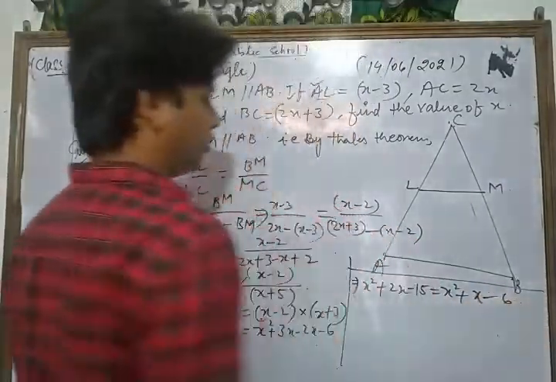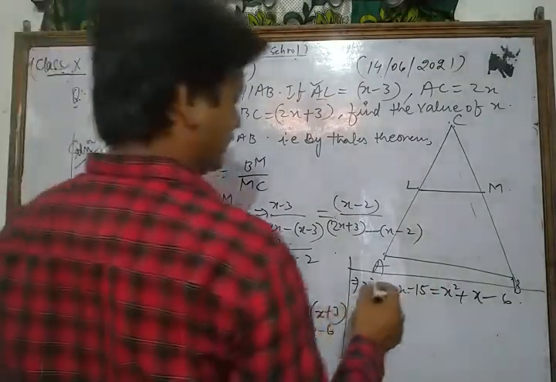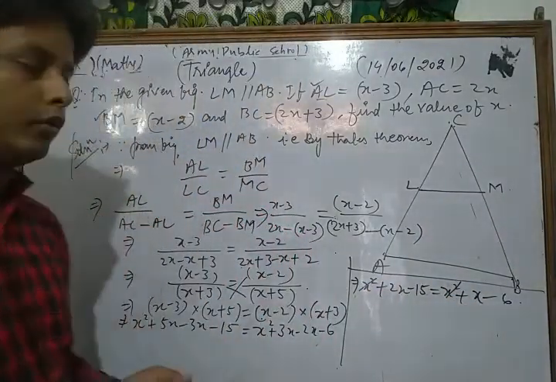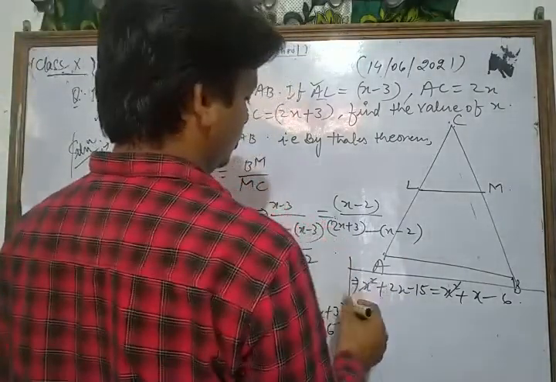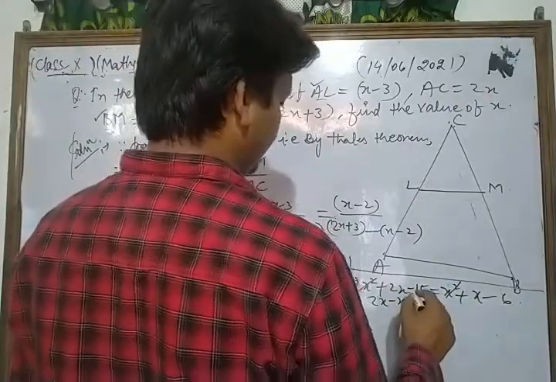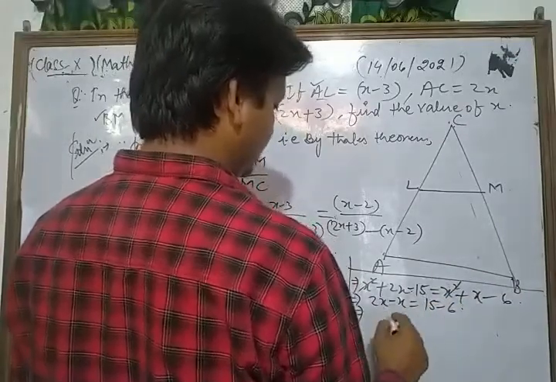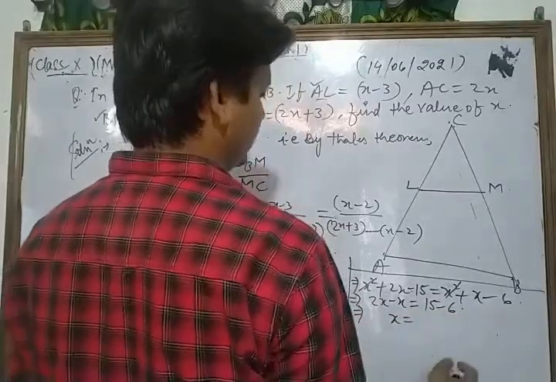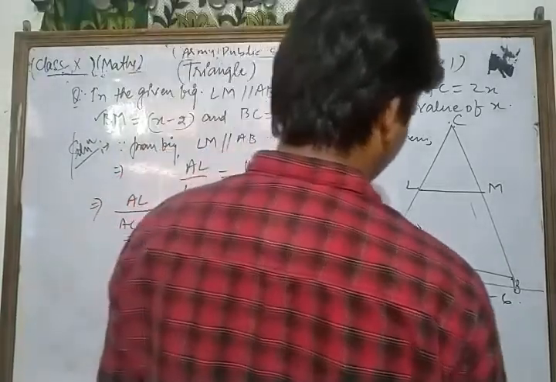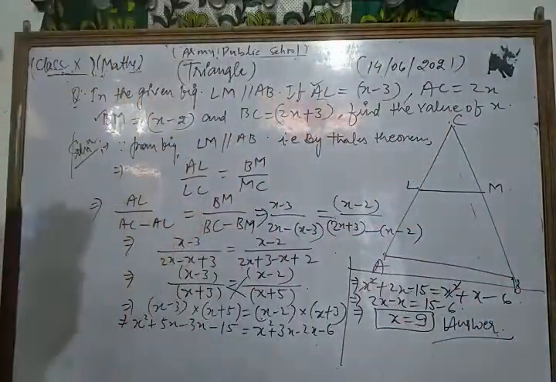The x square cancels from both sides. Now separating the variables, 2x minus x is equal to 15 minus 6, which is 9. So we find the value of x as 9. This is the required solution of the given question.